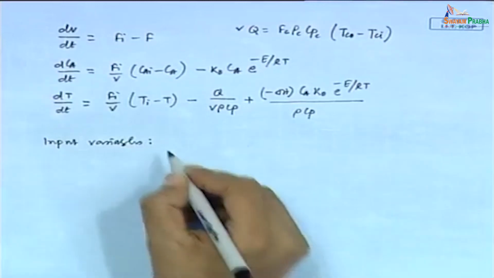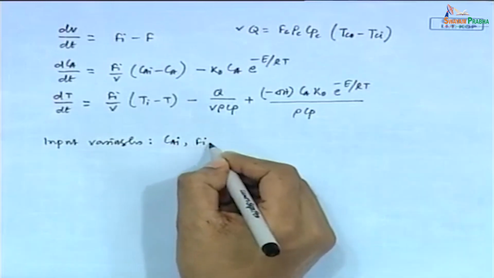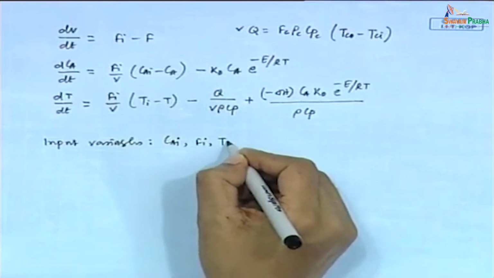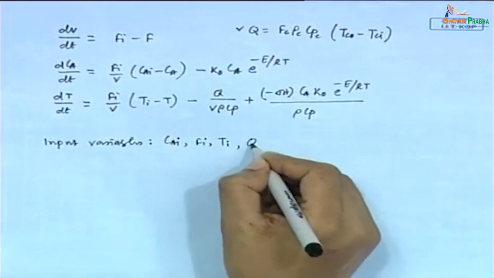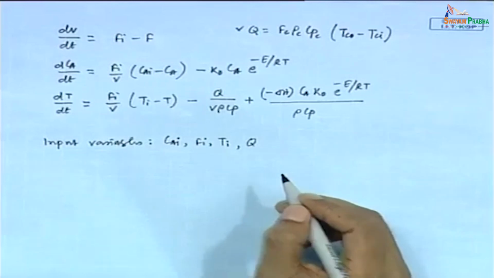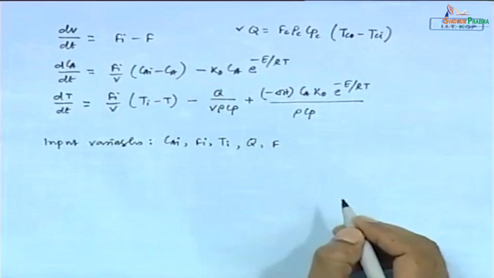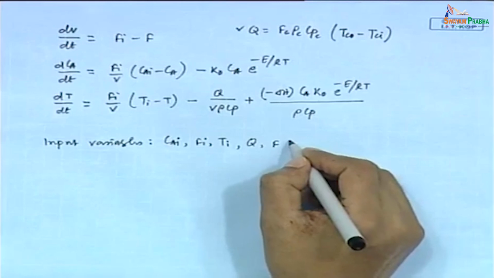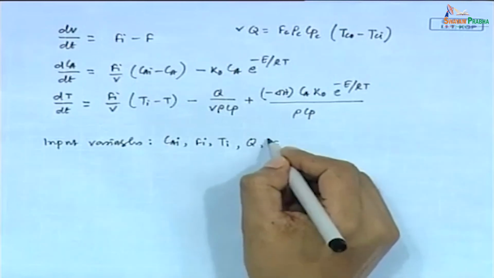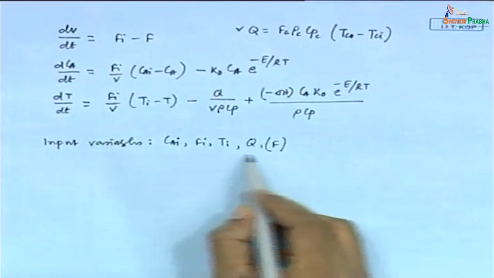Input variables are CAi, then Fi, then Ti, then Q. We are not considering Fc and TCI, we are considering Q, and F. Definitely F will be an input variable if it is considered as the manipulated variable for controlling the liquid height or liquid volume. So, these are the input variables.